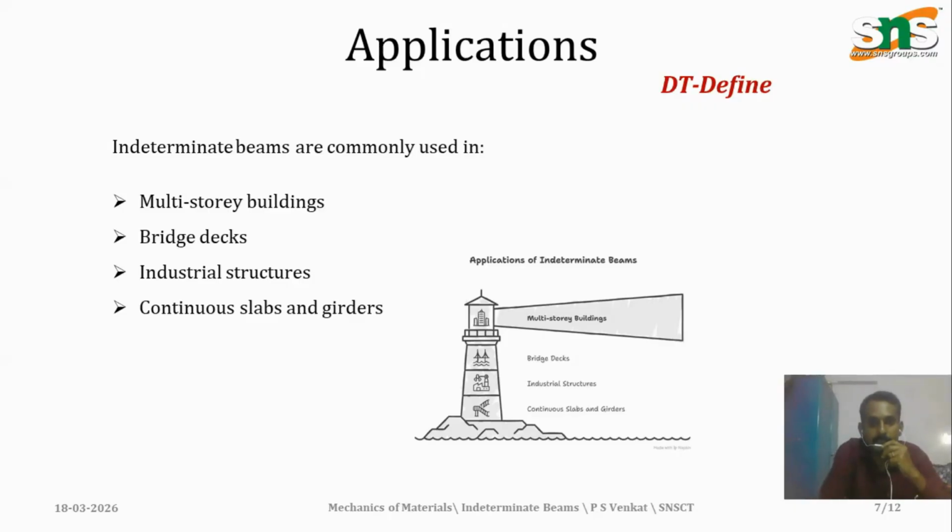Statically indeterminate beams are used everywhere in civil engineering. Some important applications include multi-story buildings where continuous beams connect multiple columns, bridge decks where loads are distributed across supports, industrial structures where heavy loads require a strong support system, and also continuous slabs and girders, which are used in reinforced cement concrete design.